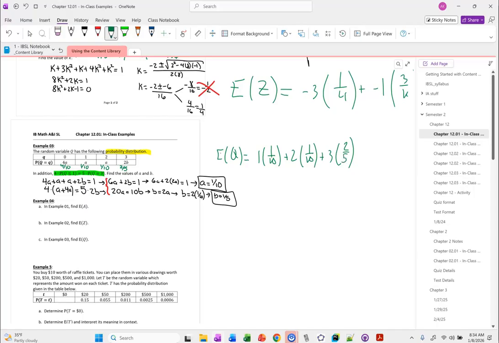That look good to you guys? What do you notice I did there? So 0. Yeah, why did I skip the first value for the random variable?